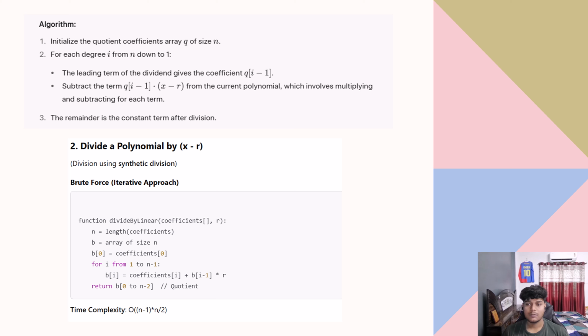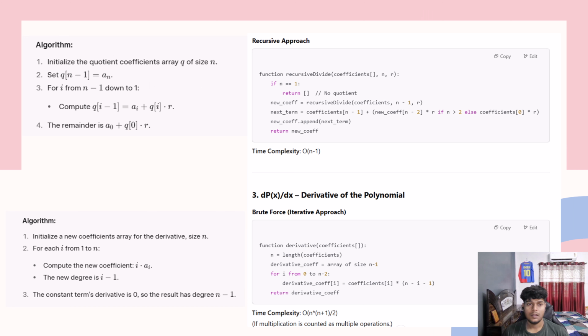Now coming to the next part, the derivative of the polynomial. Finally, for the derivative dp(x)/dx, the brute force method computes each term's derivative independently.